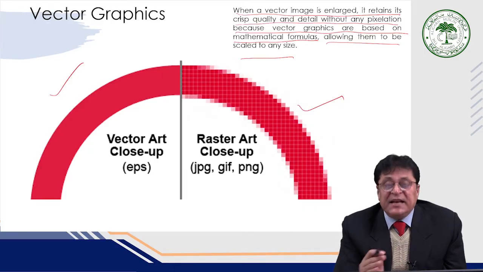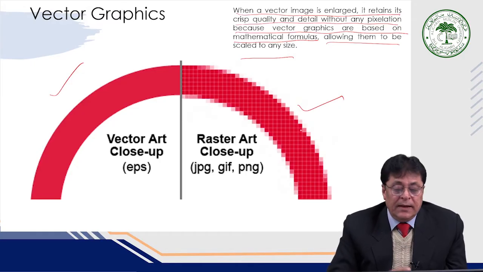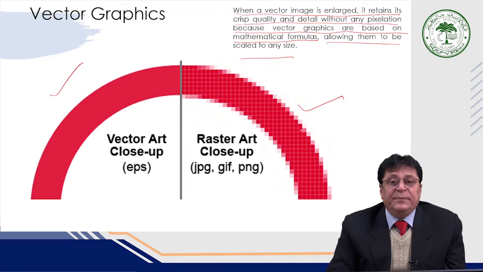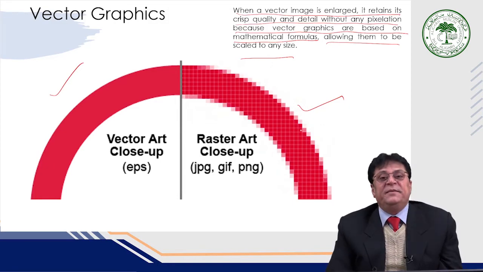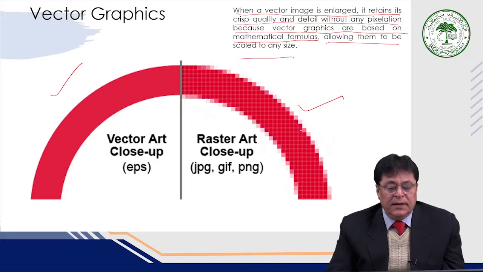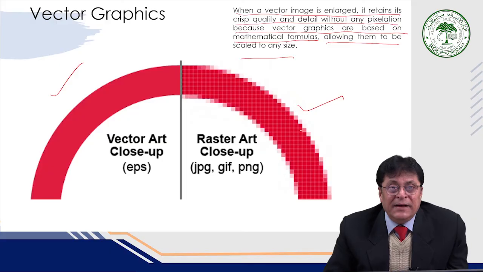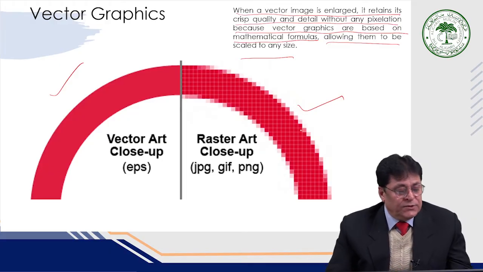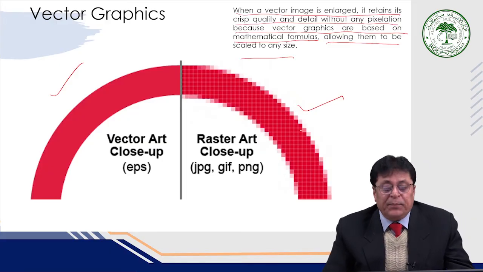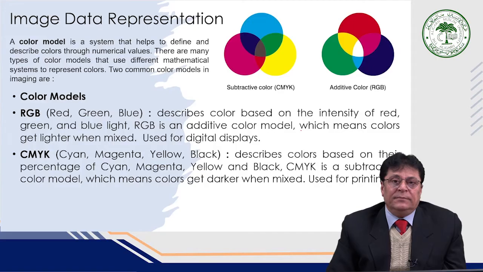If it is a raster image, when it is enlarged, it becomes blurry. And the left-hand side is showing, for understanding purpose, that if it is a vector image or vector graphic or vector art, when it is enlarged, it does not lose its quality. It does not become blurry. So, these are important aspects. We all handle images, so we need to have this kind of knowledge.